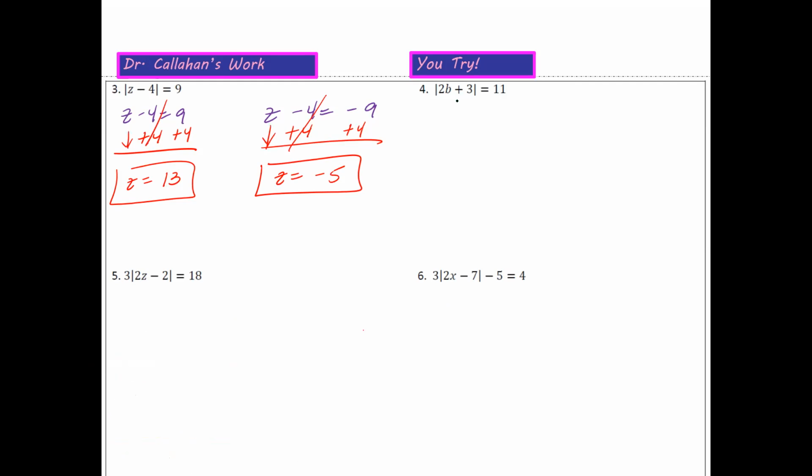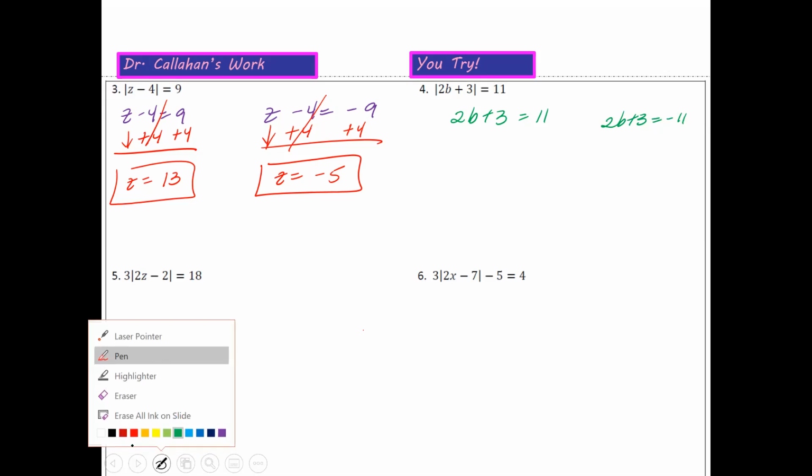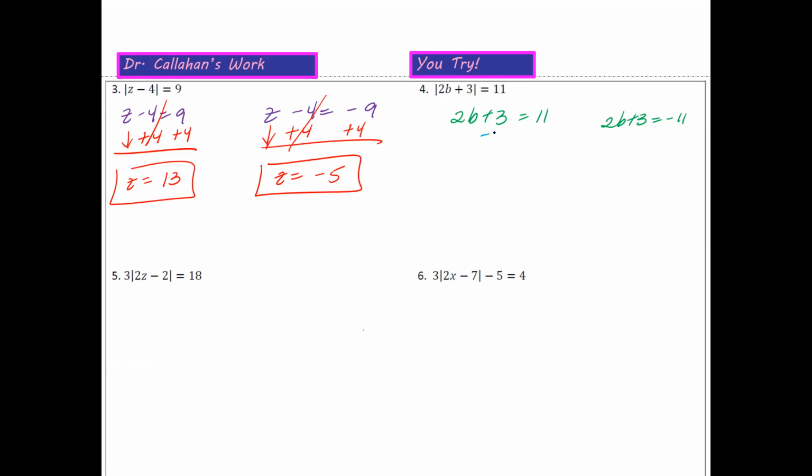All right, now I'm going to have you guys try number 4. So pause the video and give number 4 a try. And do exactly what I did for number 3. So your first equation is 2b plus 3 equals 11. Second equation is 2b plus 3 equals negative 11. Subtract a 3 on both sides.